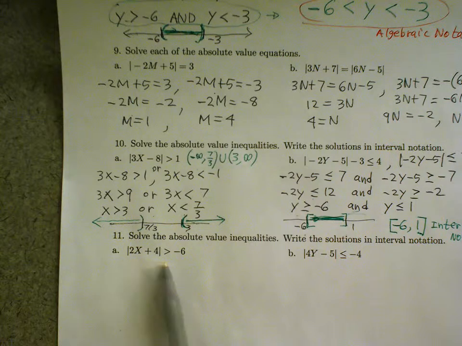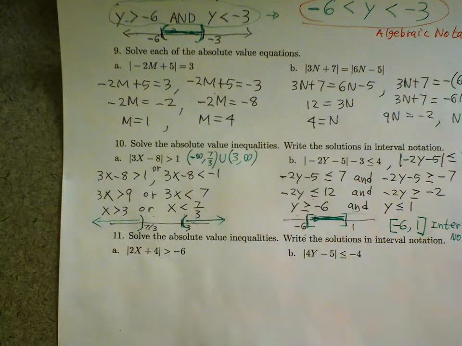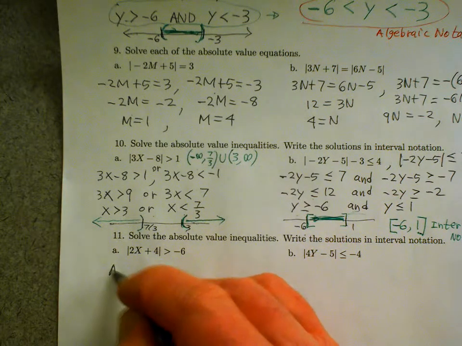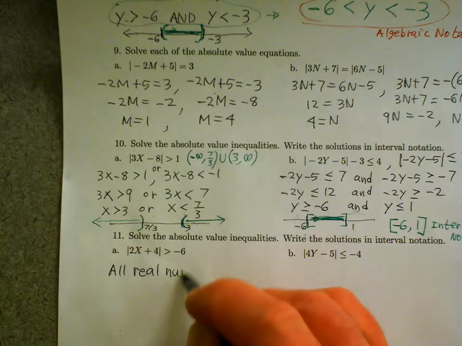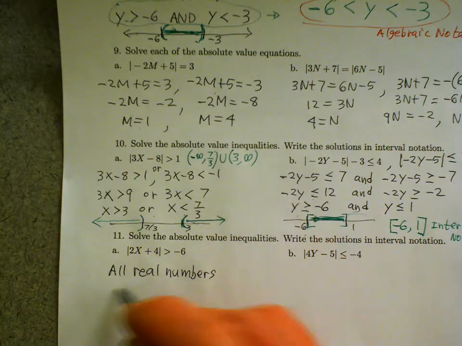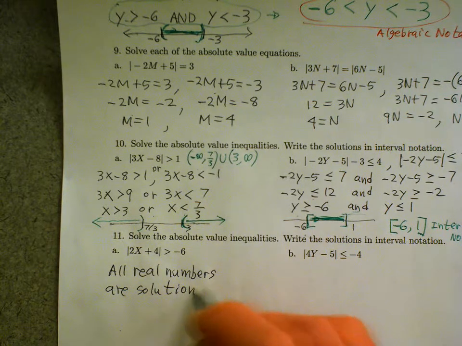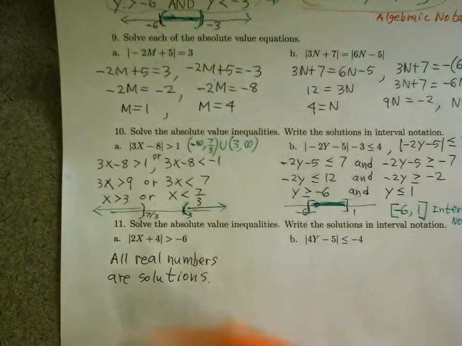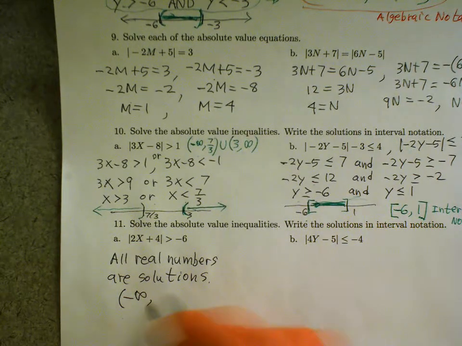There are no exceptions. So this has every real number as a solution. So all real numbers are solutions. So in interval notation, the solution set is parenthesis negative infinity, comma, infinity.